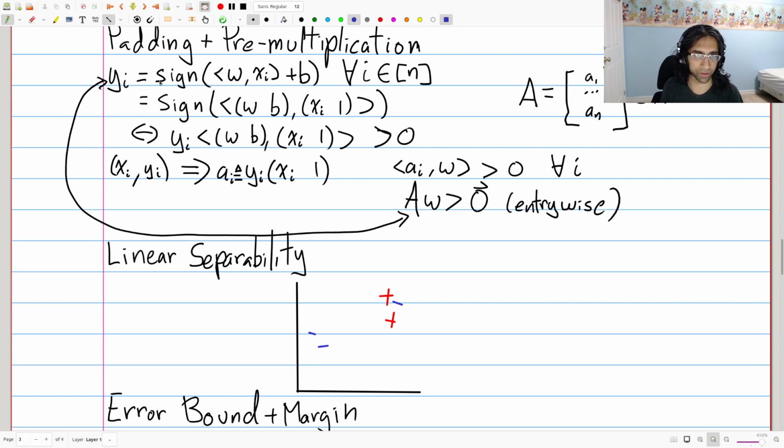And therefore, there's no way to come up with some W and B which will be able to separate the data as we want. Therefore, this might be impossible sometimes in cases like this, but when it's not, we call the data linearly separable. Let me erase this.